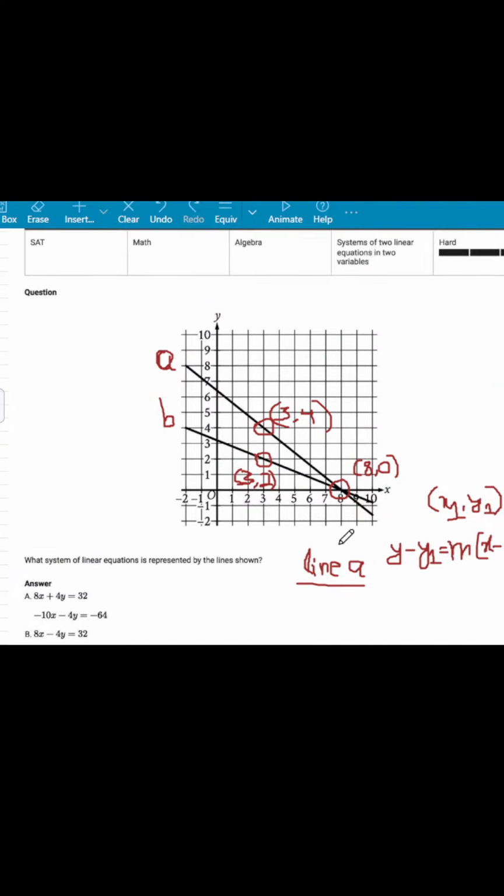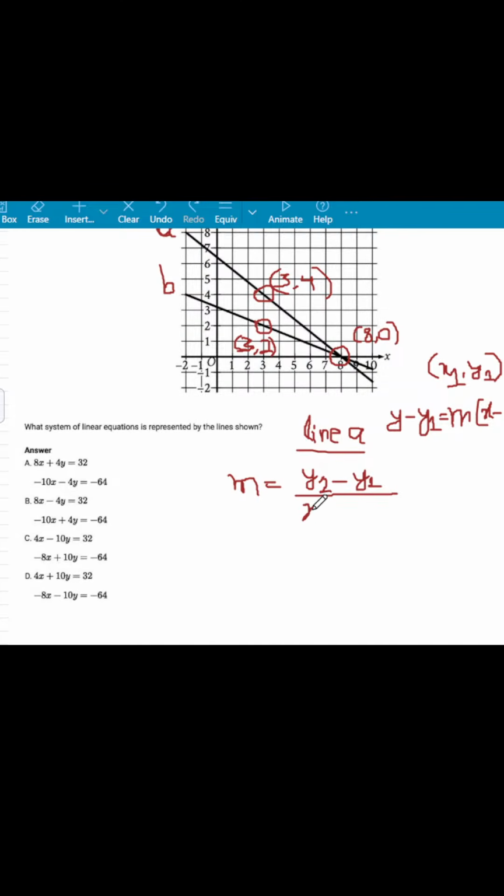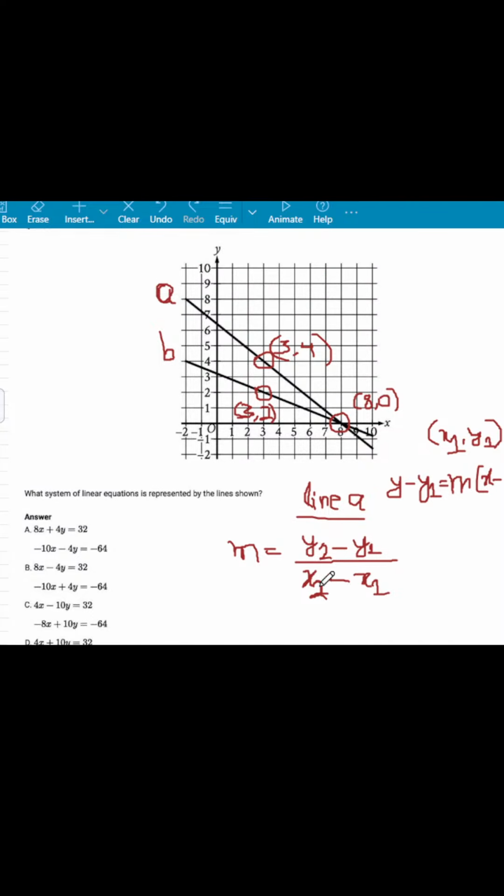So let us first find the slope for line A. We know that if 2 points are given, we can find the slope by doing y2 minus y1 divided by x2 minus x1, where (x1, y1) and (x2, y2) are 2 points on the line.